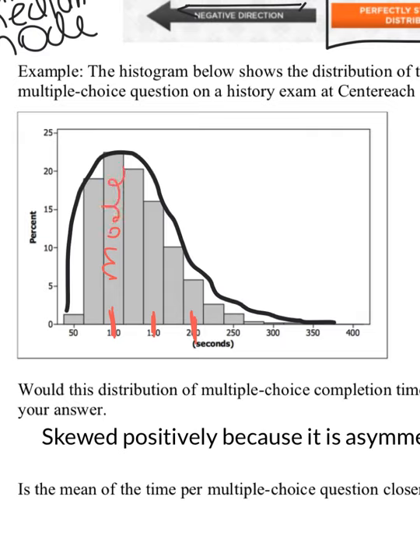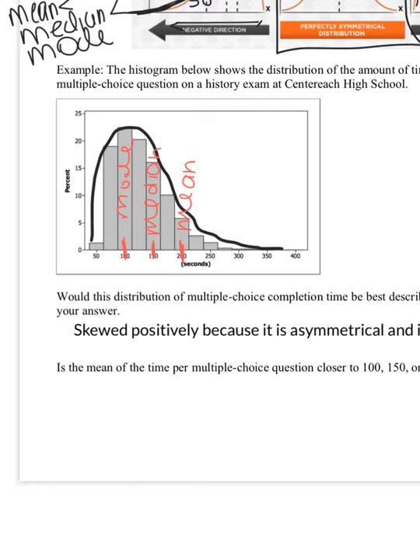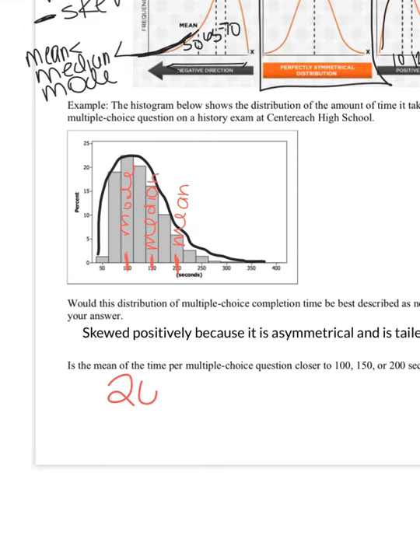The median is in the middle, and then the mean goes with the tail. The mean follows the tail. So if this is tailed to the right, the mean would be your rightmost option. So your best option for this would be 200 seconds.